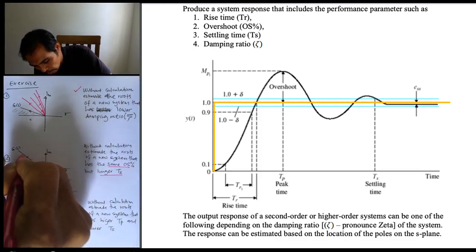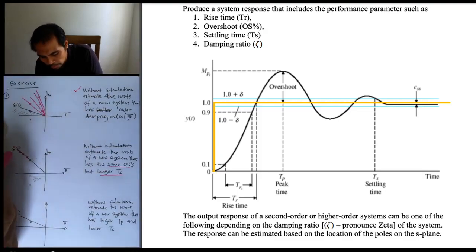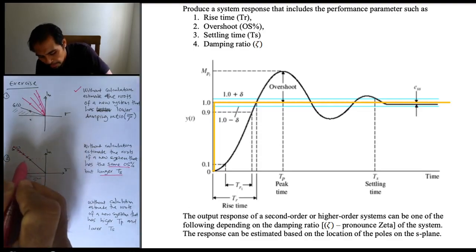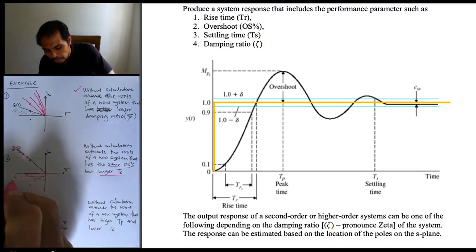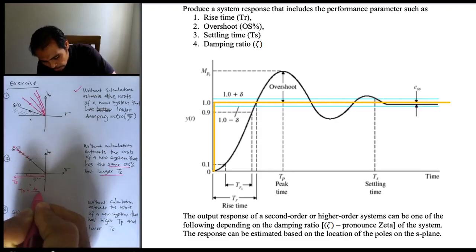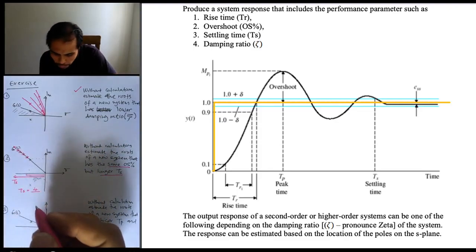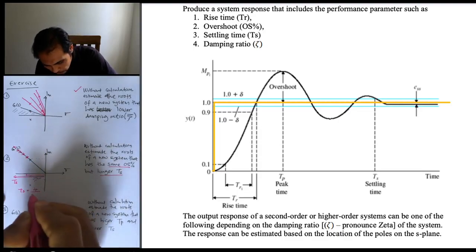So that means the point has to be along this line so that we can have the same overshoot, right? But different improvement on the increase of the TS, because TS is 4 over zeta omega n. I think we increase zeta omega n, we reduce the TS.